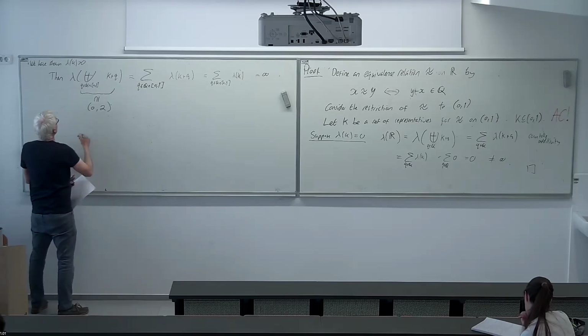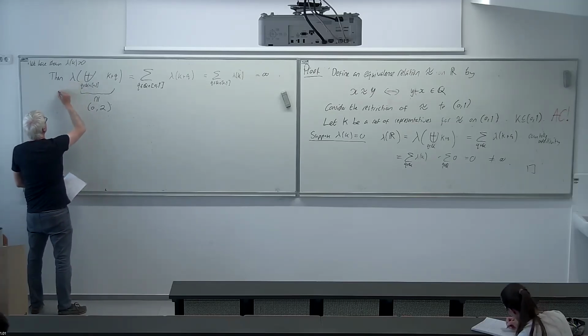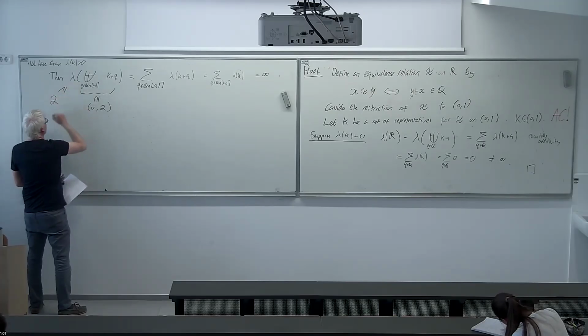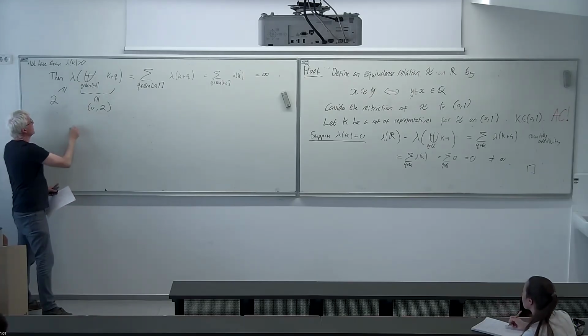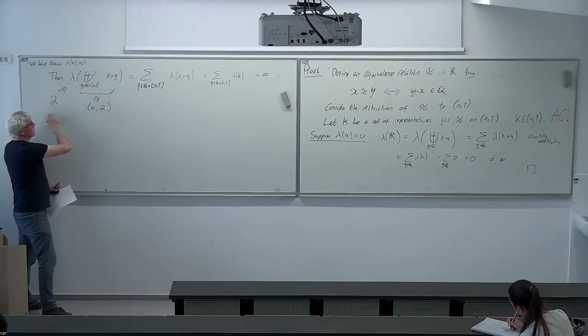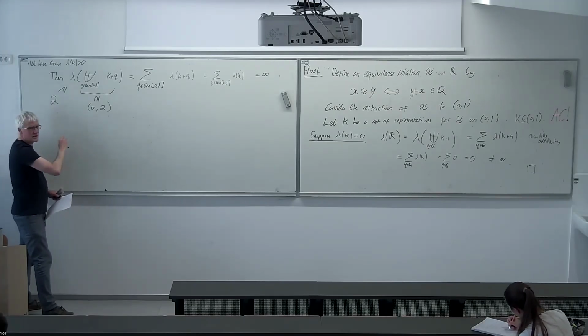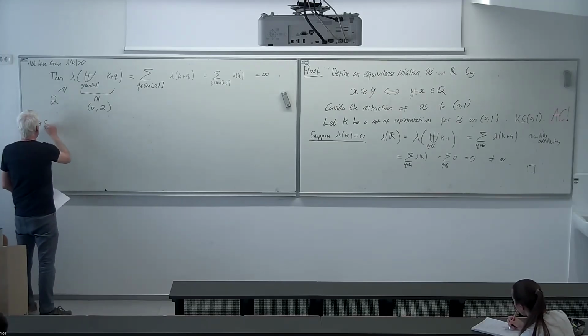So the length of this is less than or equal to 2, because here we've got a subset of this interval. And once again, we've got a contradiction because infinity is not less than 2.